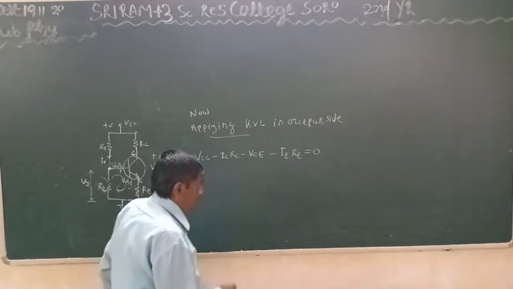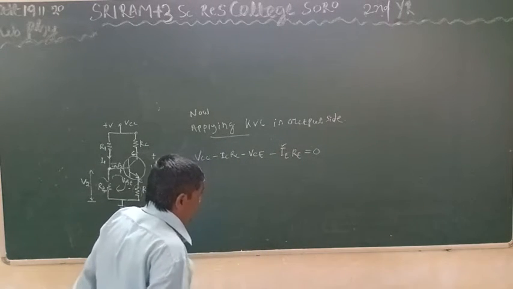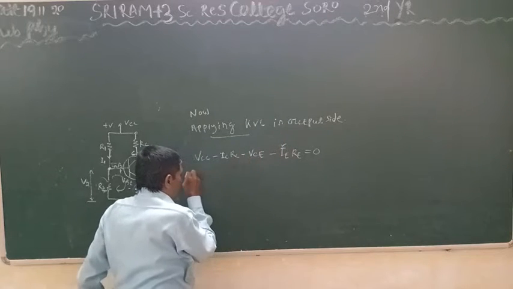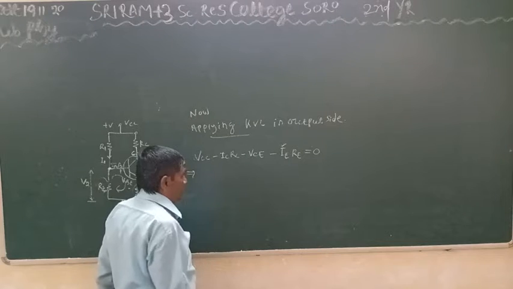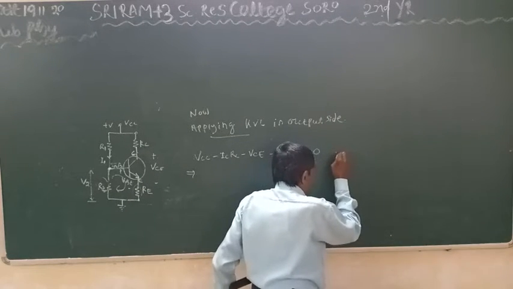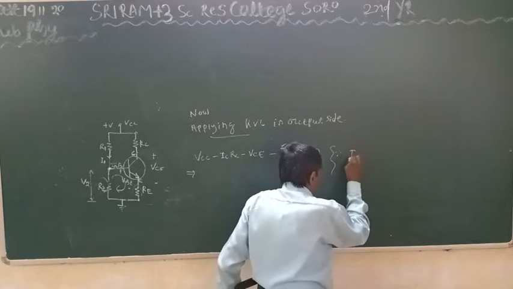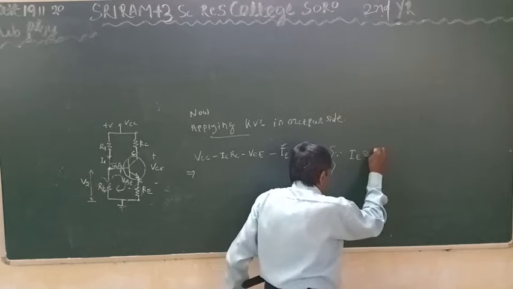Now we put this value, IE is equal to IC. So we put this value of IC in place of IE, therefore IE is equivalent to IC.